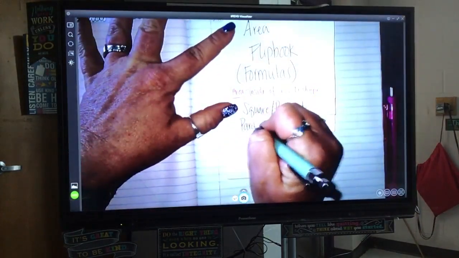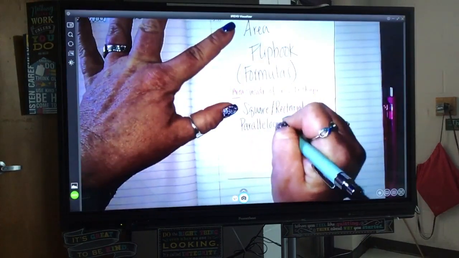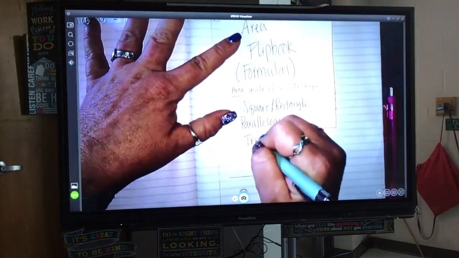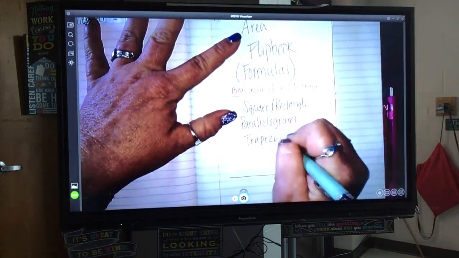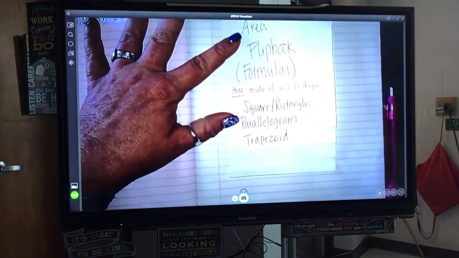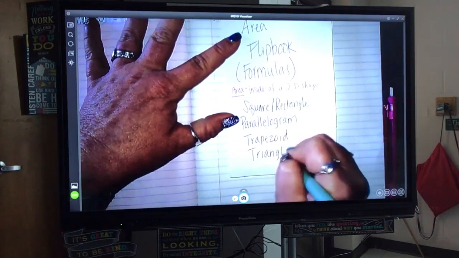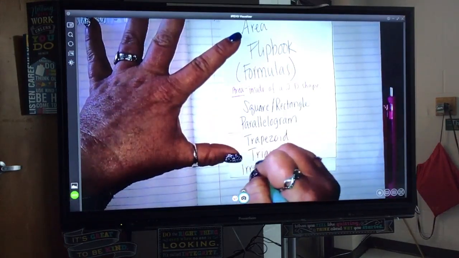parallelogram goes there, trapezoid there, triangle, and irregular shape.